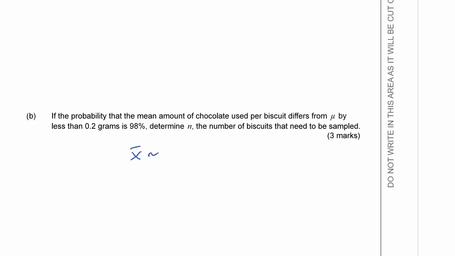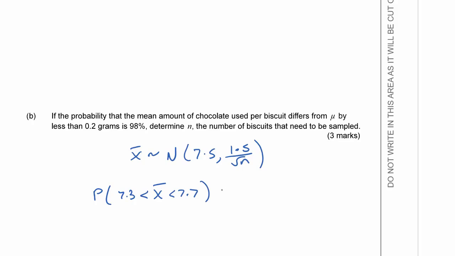So what we're saying here is that x bar is normal, the mean 7.5, standard deviation is 1.5 over root n now. And so we're after the probability that x bar is between 7.3 and 7.7, so it's plus or minus 0.2, and we want that to be equal to 0.98.